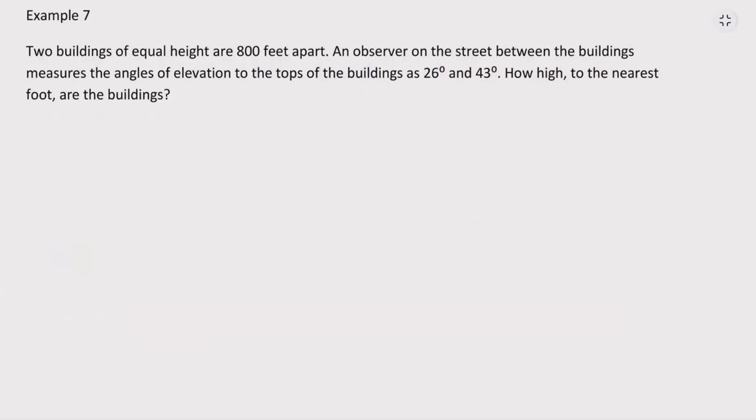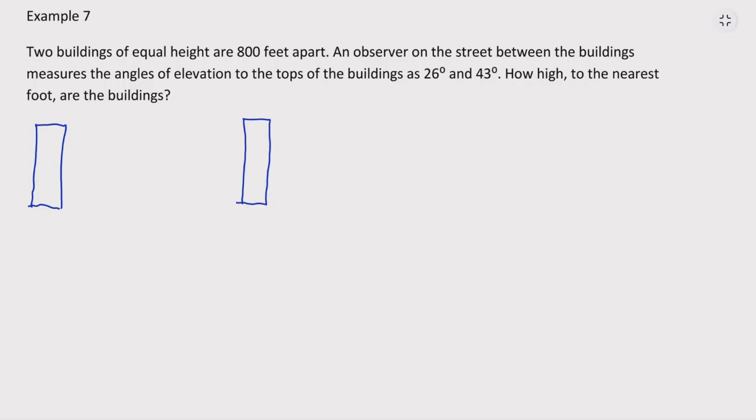All right, so draw a picture. I've got two buildings, and they are 800 feet apart. And we'll assume that the buildings are plumb and true, so the distance from the bottom should be the same as the distance from the top.